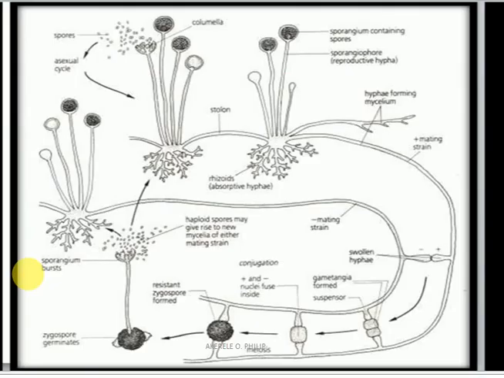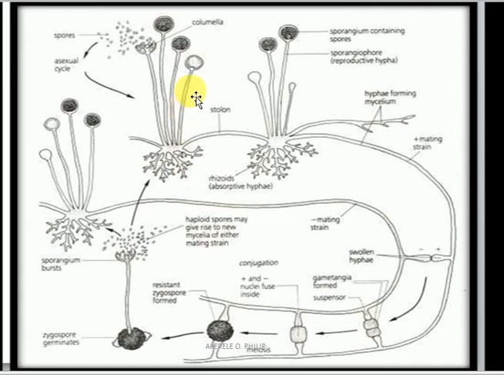Now the rhizopus grows on bread, and this is how it looks when it is magnified. When it grows, it doesn't have roots, so it uses rhizoids to attach itself to the substrate. Substrate is the substance on which rhizopus or a fungus grows.